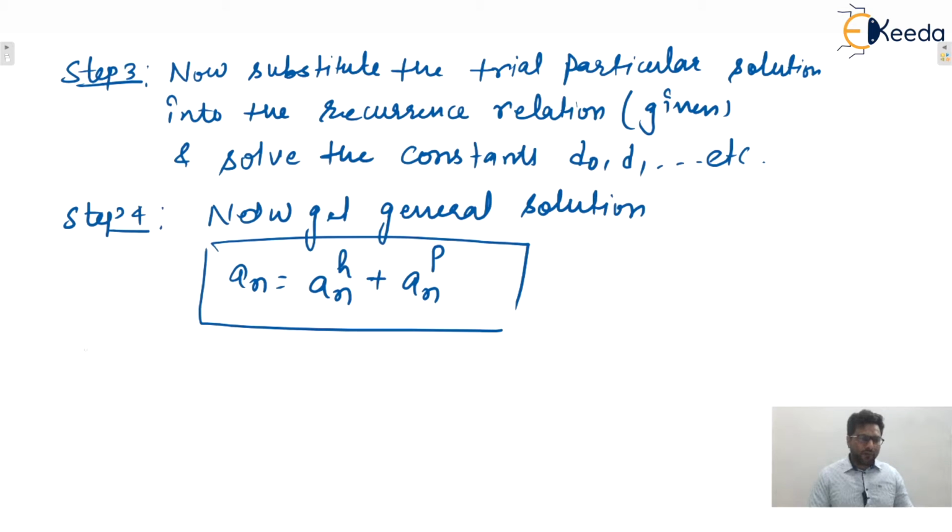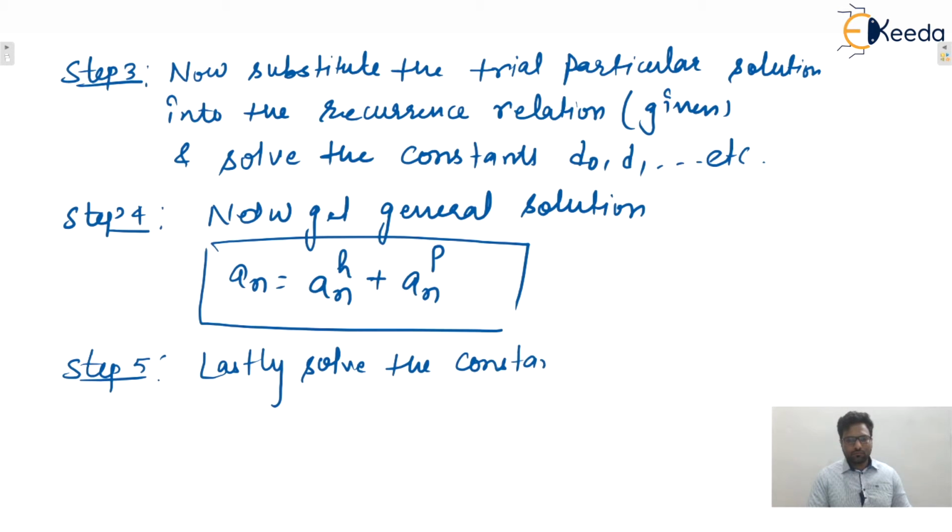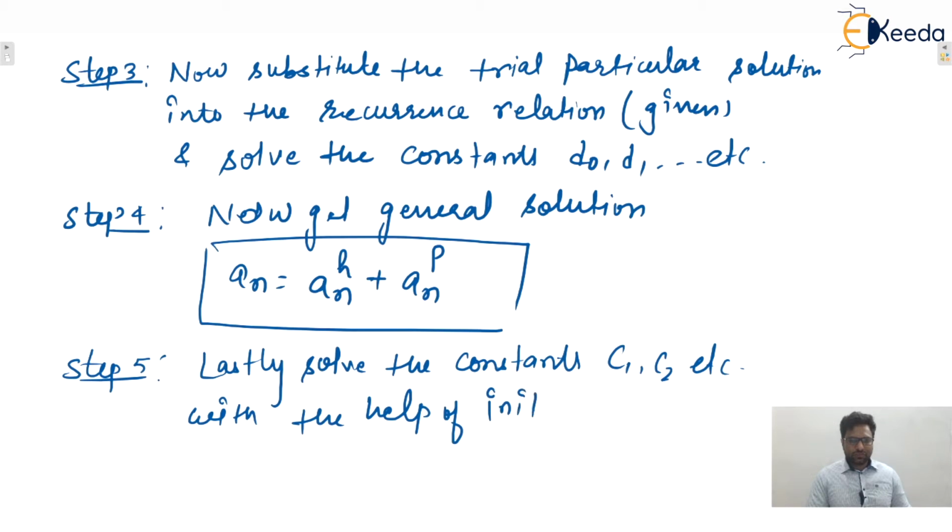So that will be your final step, that is step 5. In step 5, lastly, solve the constants c1, c2, etc., by substituting with the help of initial conditions, isn't it?